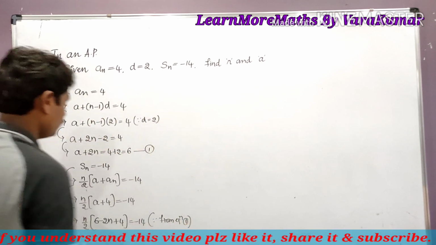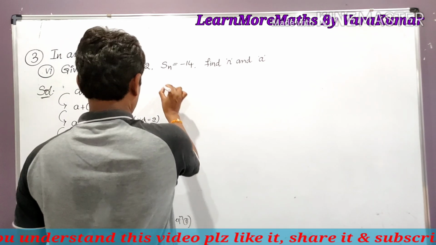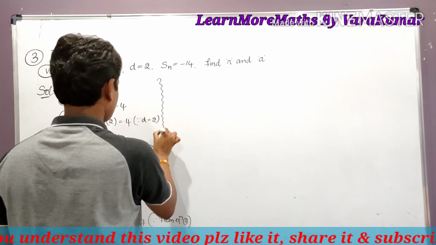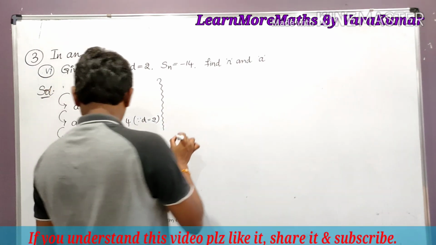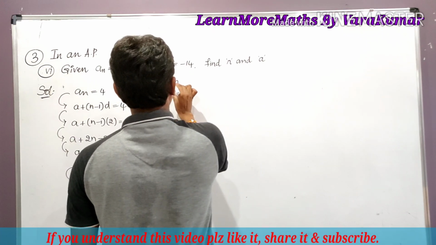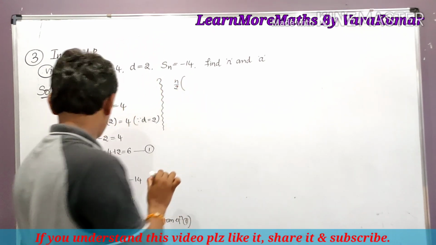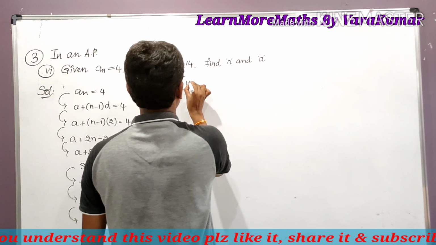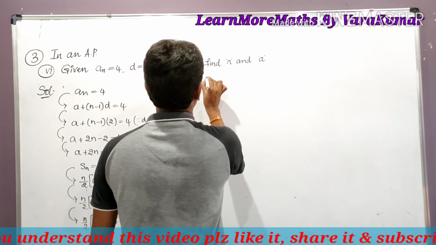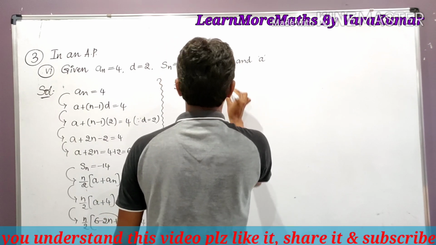So from equation 1, we have written a is equal to 6 minus 2n. So write n by 2 into, 6 plus 4 is 10, 10 minus 2n, student. It becomes 10 minus 2n is equal to minus 14.